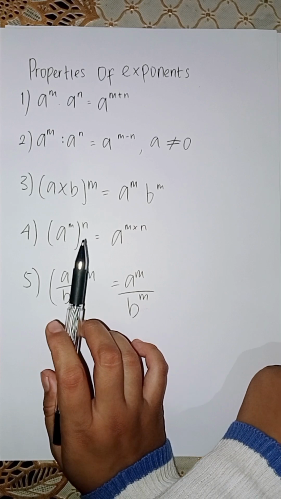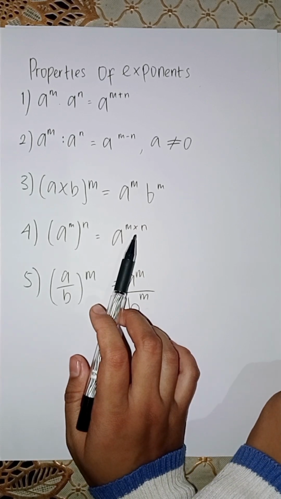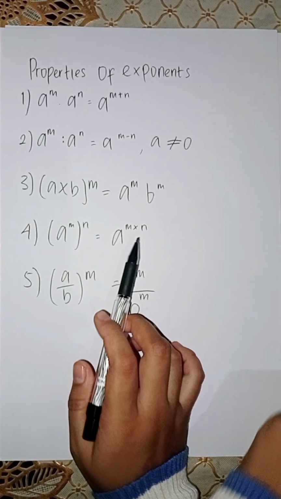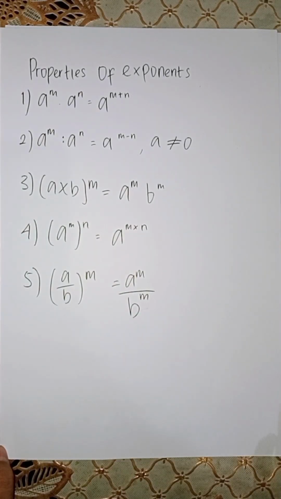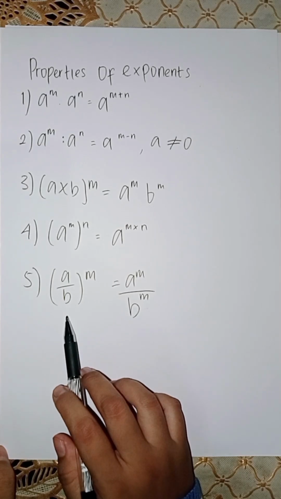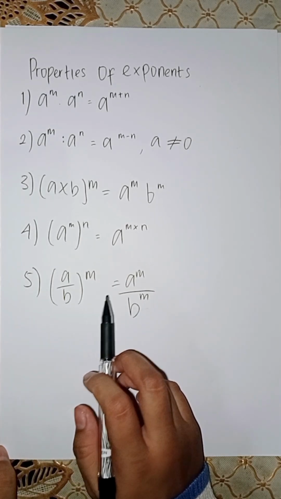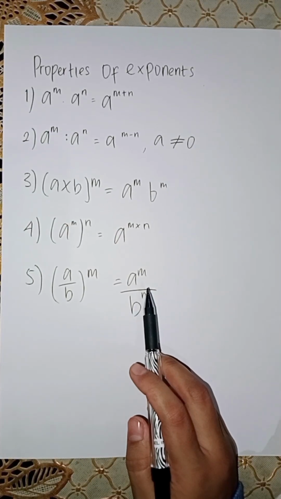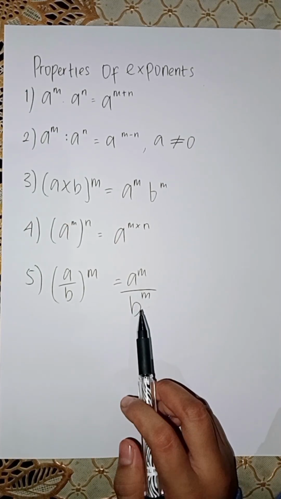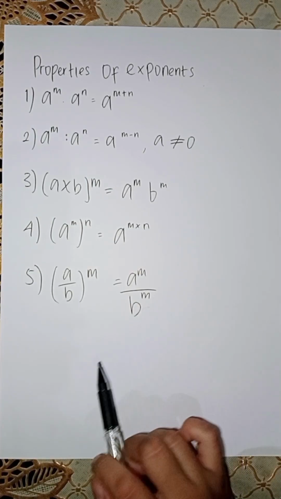The result is a to the power of m multiplied by n. The fifth property is we have a over b in the bracket to the power of m. The result is the same as a to the power of m divided by b to the power of m, like that.